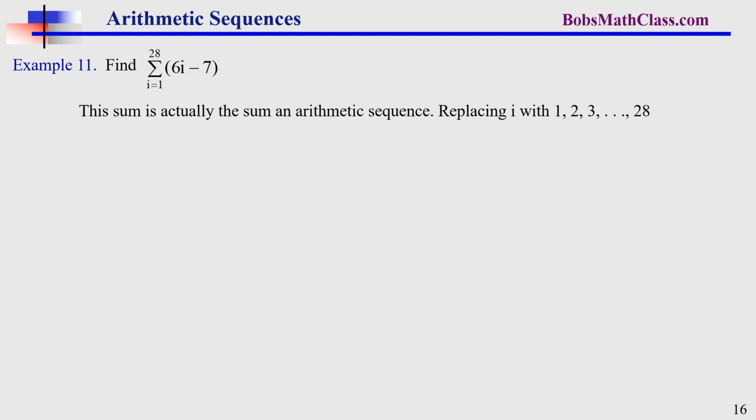Then plug in 28. 6 times 28 is 168. Minus 7 is 161. So those are our first 3 terms and our last term. You might want to pause the video to make sure you get the same calculations.